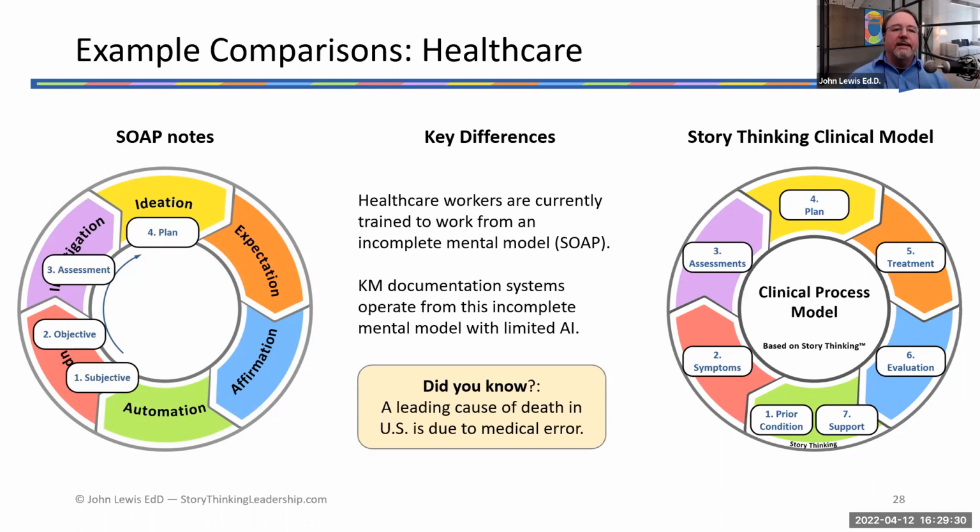In other words, if the systems were built from a complete mental model and you're about to give someone a blood type in treatment that's different than what you identified in assessment, lights would light up on the screen. Something would give the doctors what I call a smarter cockpit. If you're a pilot, you want a smarter cockpit. We don't do that because we're operating from an incomplete mental model.